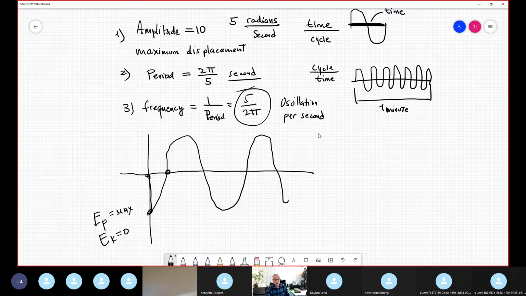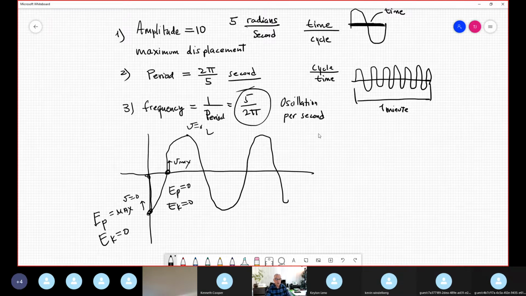In this moment, when the spring is in the equilibrium position, the potential energy is 0, but the kinetic is maximum, because the velocity is maximum. The velocity here is 0. The velocity here, in that direction, is maximum. Then the velocity decreases and stops here, velocity 0.